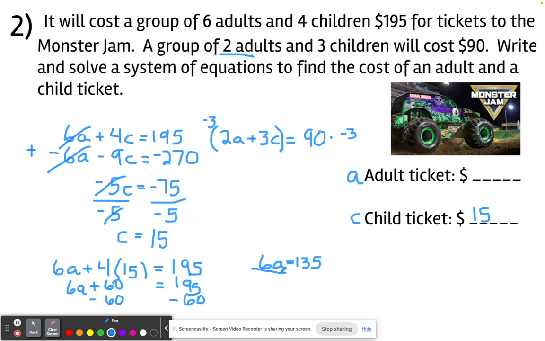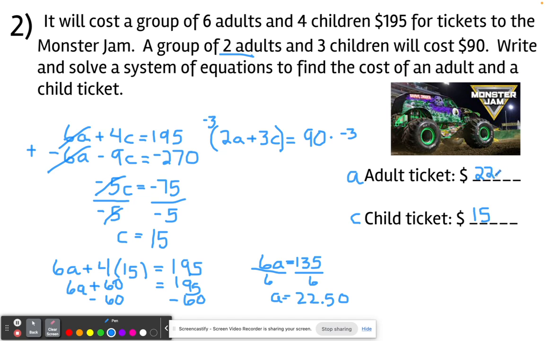Divide both sides by 6. And each adult ticket will be $22.50. I'm going to go to 2 decimal points because I am talking money. So each adult ticket will be $22.50.